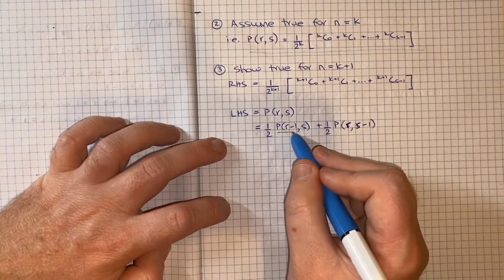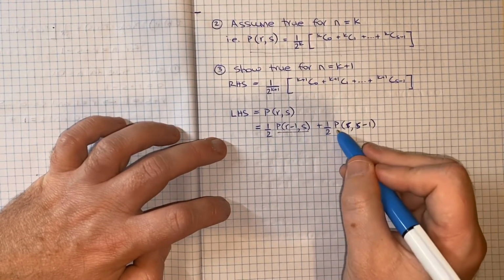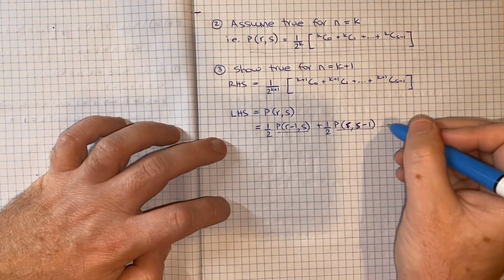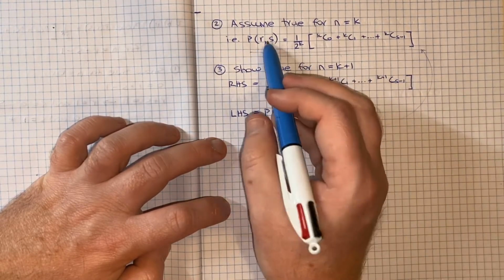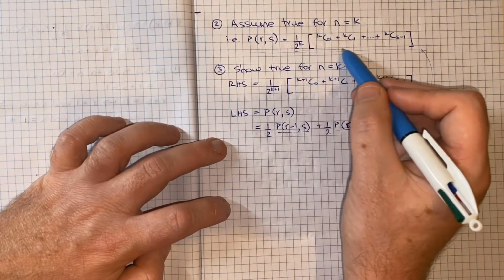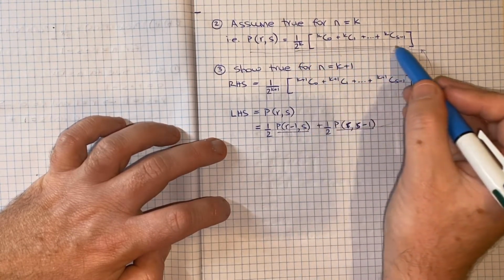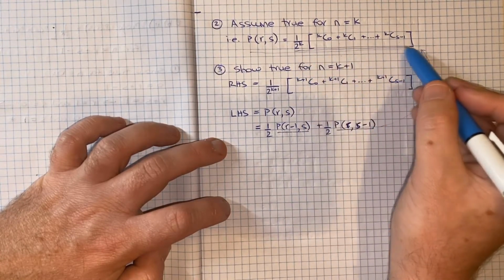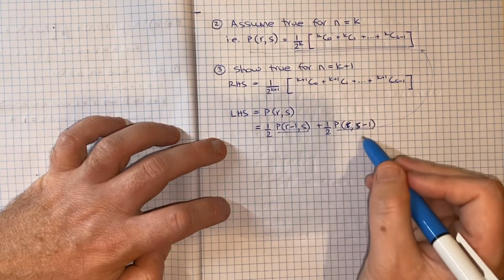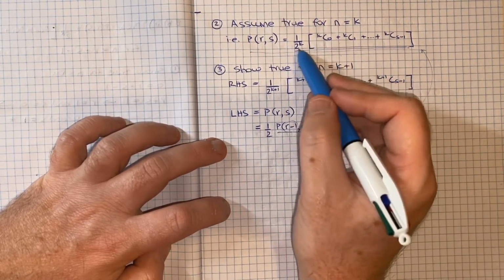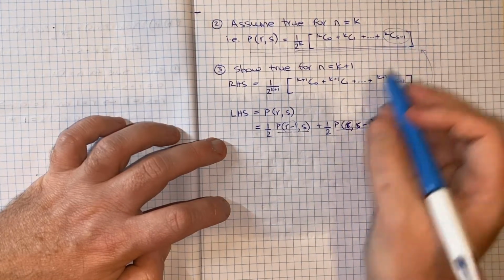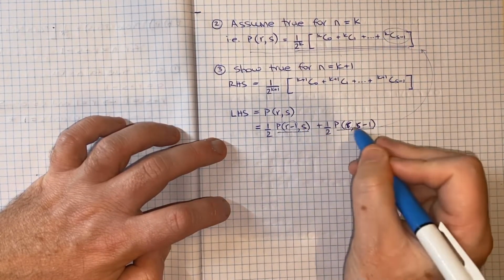Why I think that's helpful is because this P(r minus 1, s) and this P(r, s minus 1), we can link that to our assumption in step 2, because remember, as I noted earlier, r isn't anywhere in this right-hand side. So whether it's r minus 1, s or r, s minus 1, we can just write the same thing, and it all just comes down to where we stop, and whether we've got an s or an s minus 1.